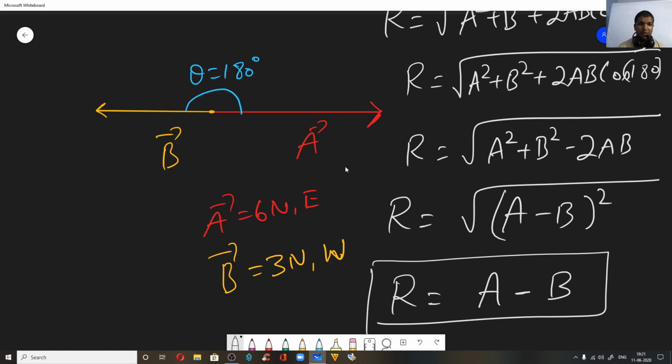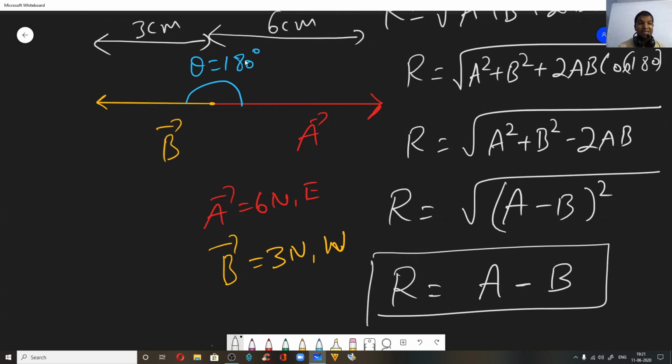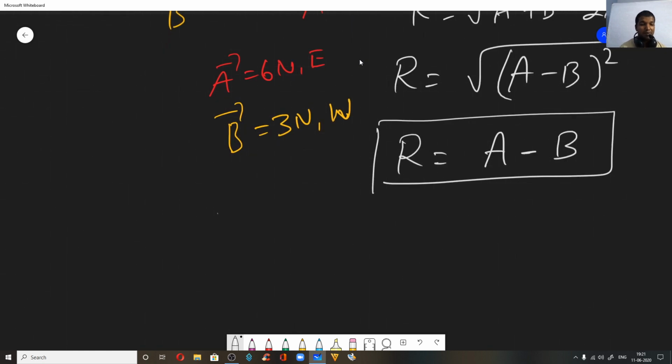Say a is 6 centimeter, just for example's sake. If it is 6 centimeter, this will be 3 centimeter. Now the resultant is simply a minus b, that is 6 minus 3. So the resultant will be 3 Newton towards east.